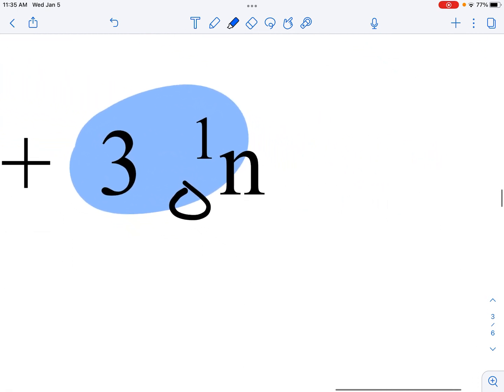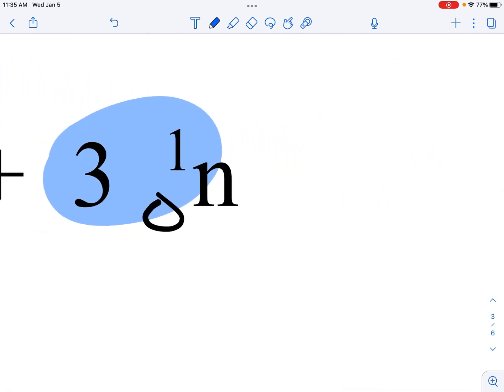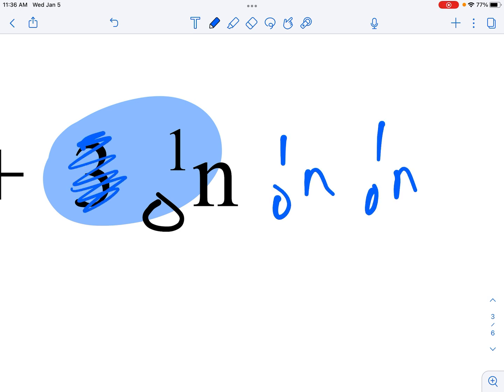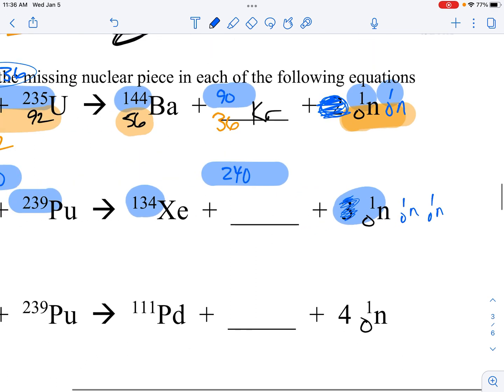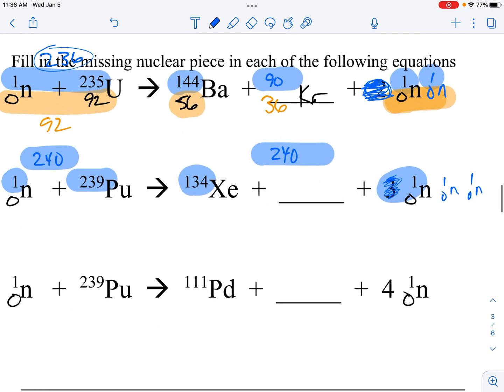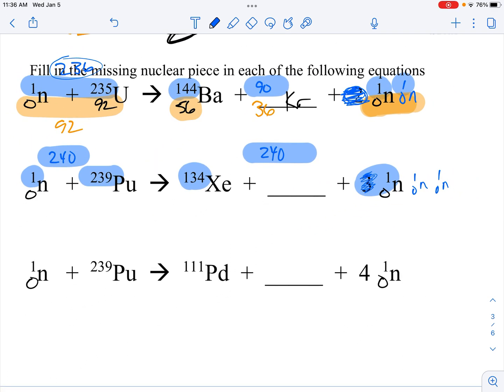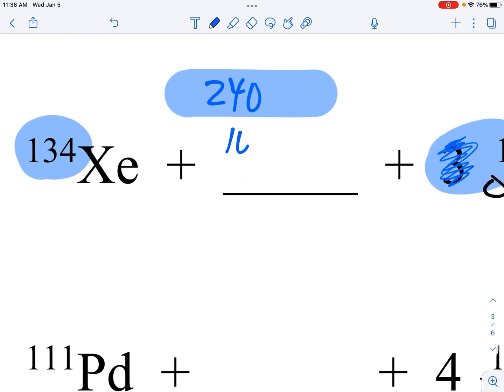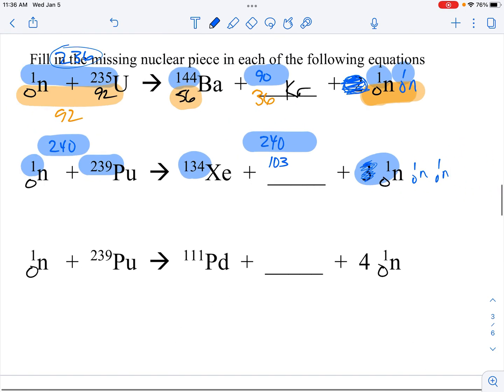And again, if you can't remember to do that, then you got to remember to write this 3 times so that you don't forget to include it. So that is 240, and we're going to subtract the 134, and we're going to subtract 1 three times. So that's going to leave you with a 103 up there at the top, 103.